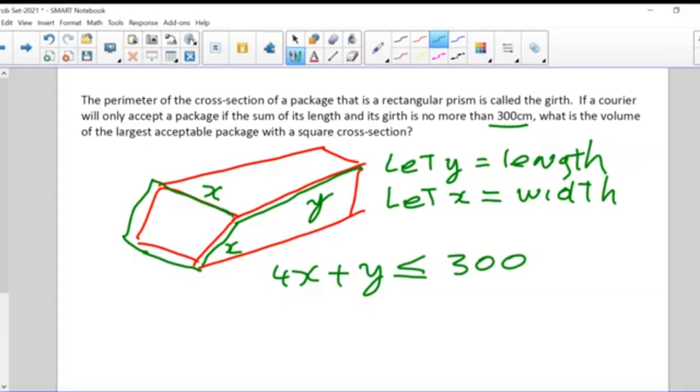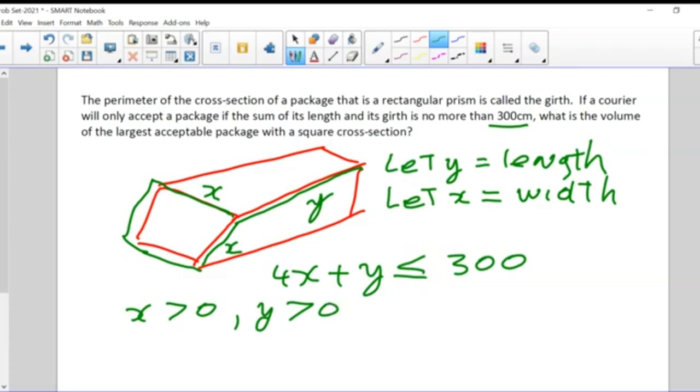Now, it does mean that also x and y have to be positive. So we can also put some limitations on that, right? And we should also note, let me write that down. X has to be greater than 0, and y has to be greater than 0. Not greater than or equal to, but greater than 0. We know that.